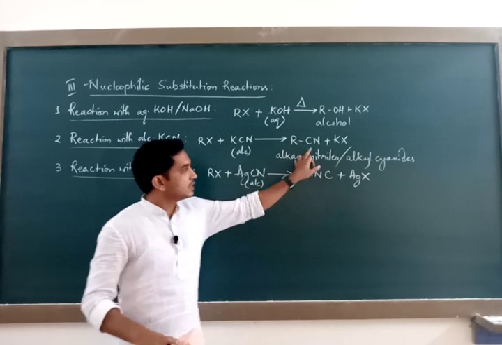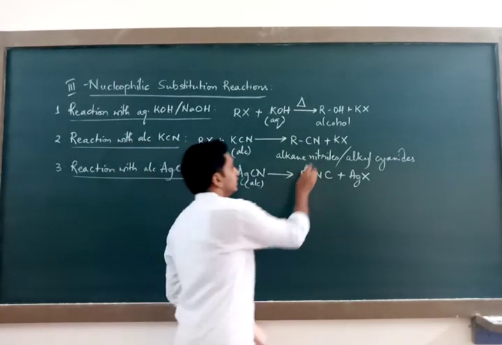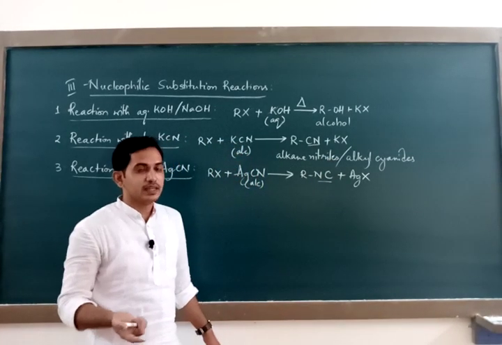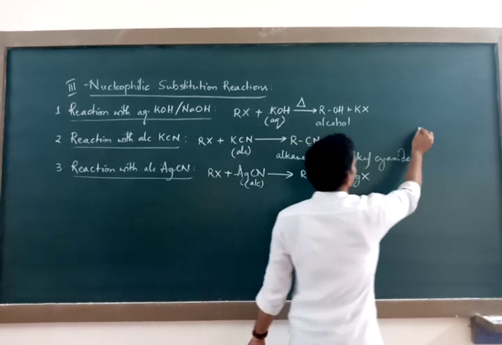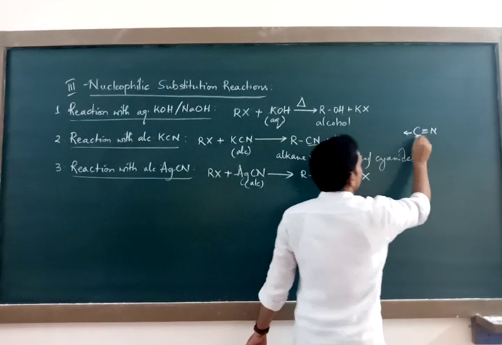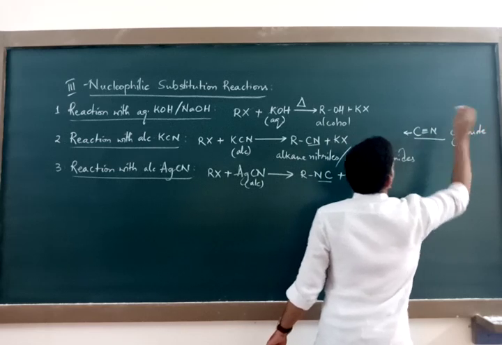How are CN and NC different from each other? These are nucleophiles, but the mode of attachment is different. If the attachment is through carbon, then the product obtained will be a cyanide.